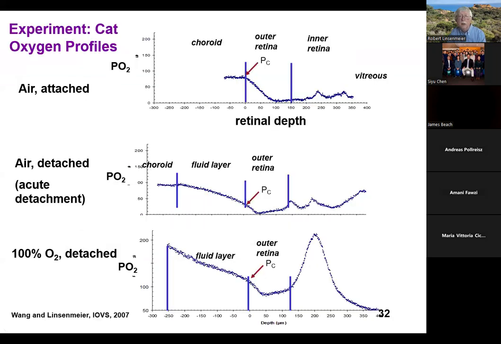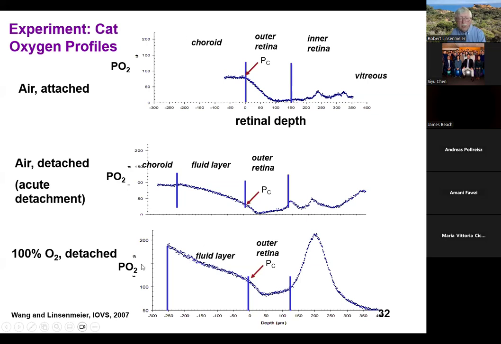Then we did some experiments, and I'll call your attention to the choroidal PO2, or choriocapillaris PO2, at the back of the retina. Now we have a fluid layer under the retina. This fluid layer is only 250 microns thick, but the PO2 at the back of the photoreceptors is considerably lower.